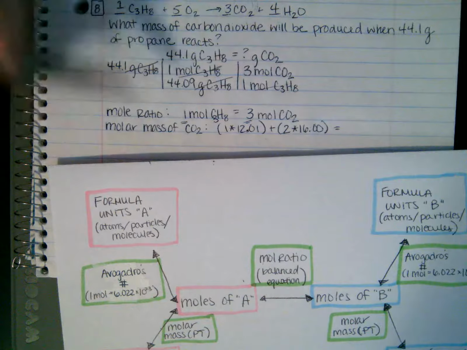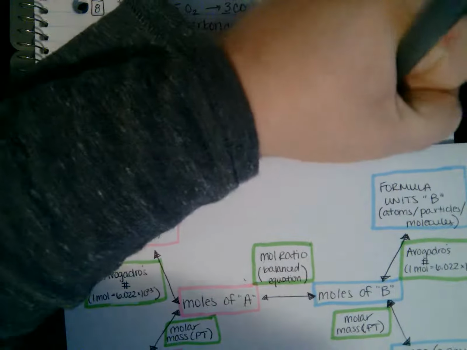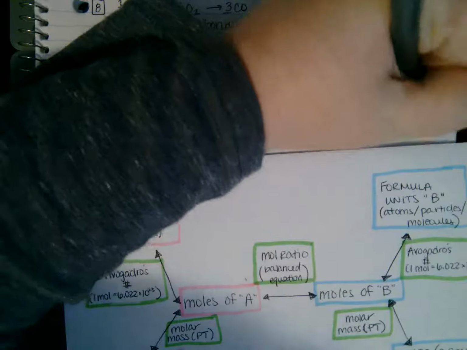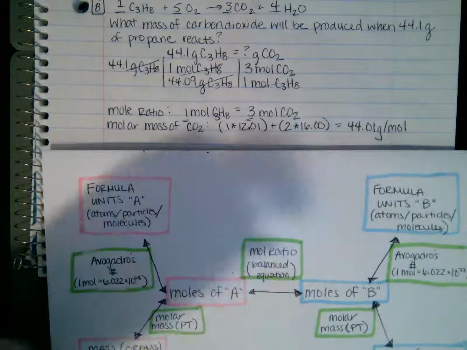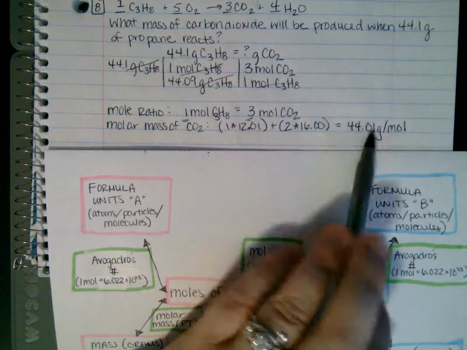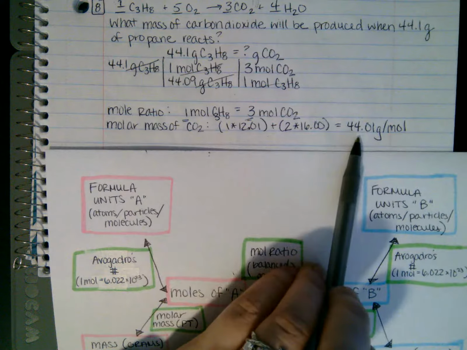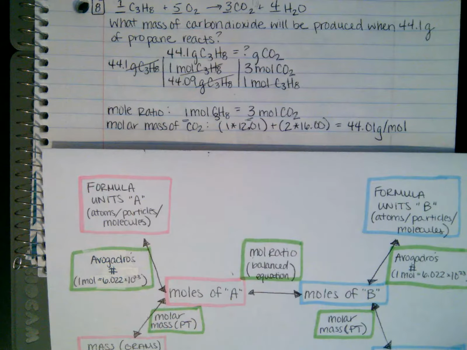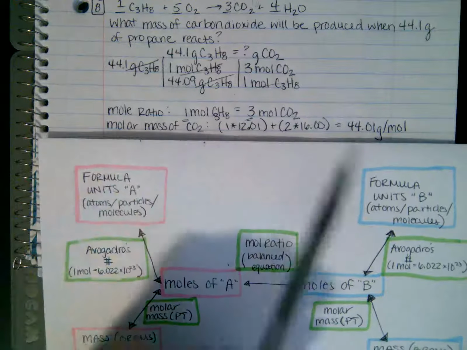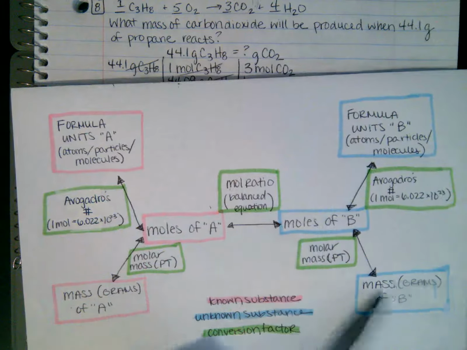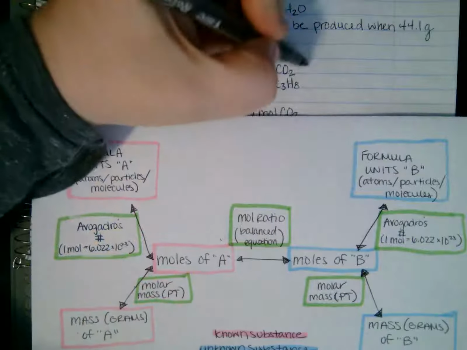When you put this in your calculator, you're going to end up with 44.01 grams per mole. What this means is that in 1 mole of carbon dioxide, you're going to have 44.01 grams. So that's our molar mass that we want to use to go from moles of carbon dioxide to mass of carbon dioxide.